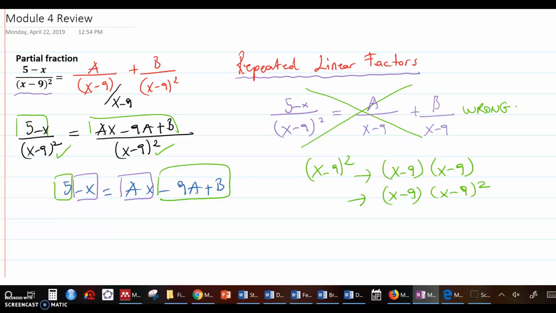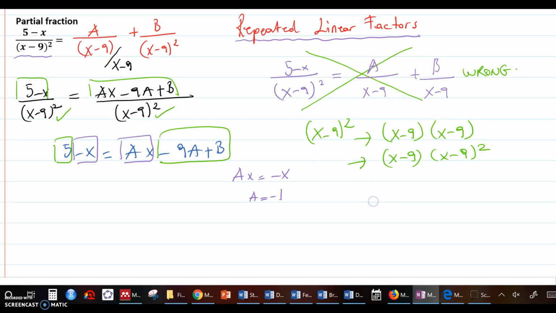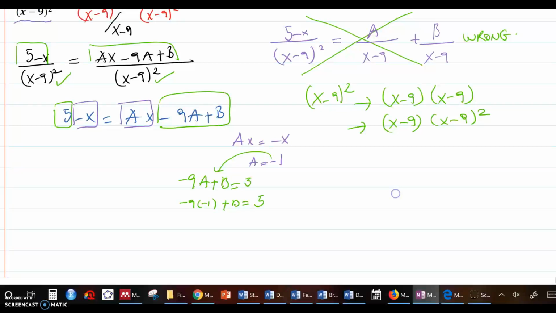So ax is equal to negative x, then a becomes negative 1. Also, negative 9a plus b equals 5. Plug in negative 1 here, so that will be negative 9 times negative 1 plus b equals 5. So this is b. Funny b, but it's b.